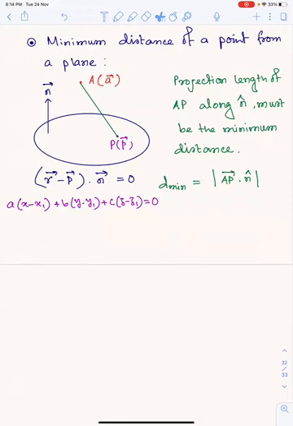Okay, and we are considering the point A when given in terms of Cartesian coordinates alpha, beta, gamma.